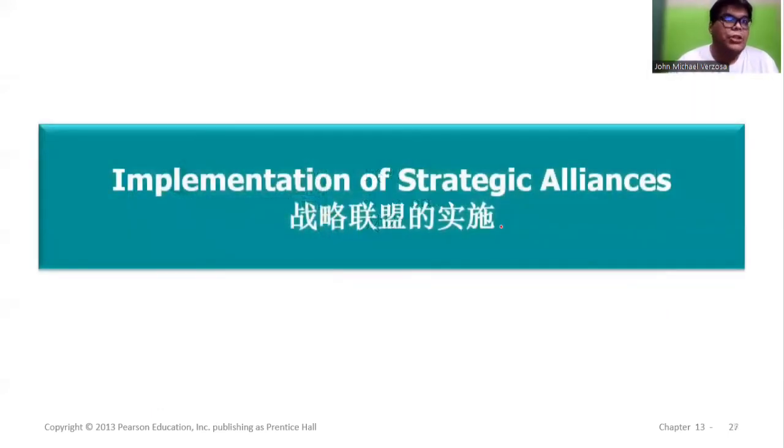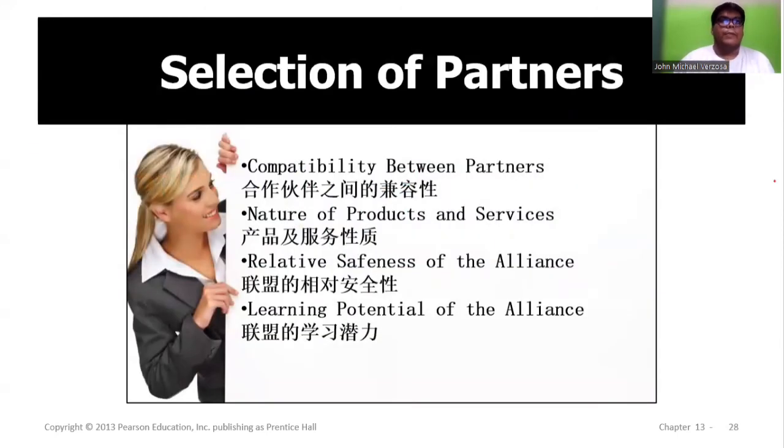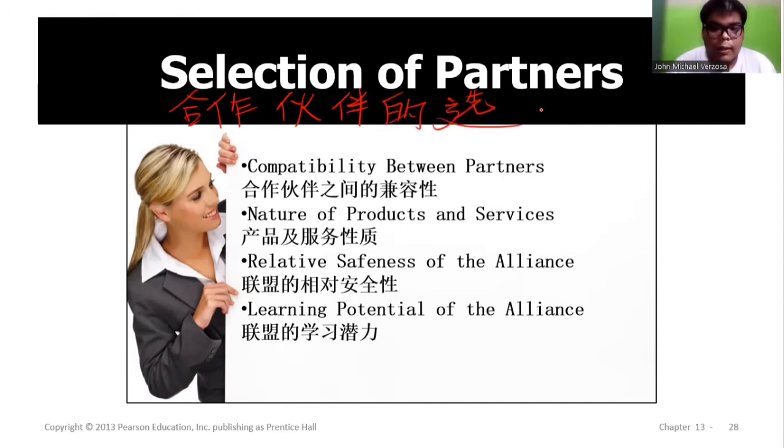Now for the implementation of strategic alliances. First and foremost, the selection of partners. Sorry, I did not put the translation. Selection of partners. First, there must be compatibility.